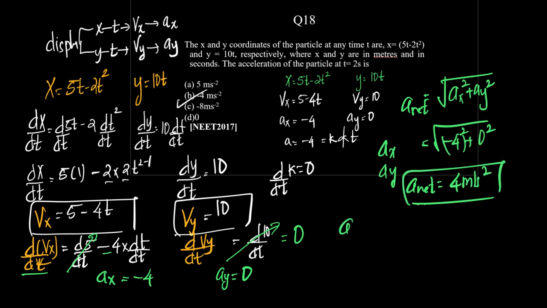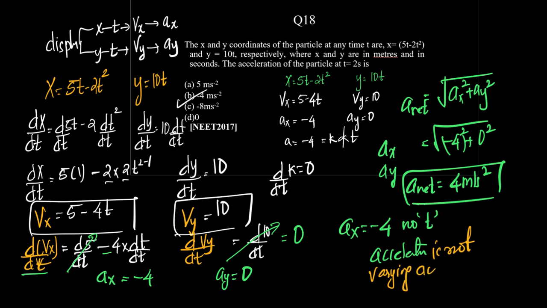And since ax is a constant and there is no t involved here, this means that acceleration is not varying according to the time, or in other words, acceleration is a constant.